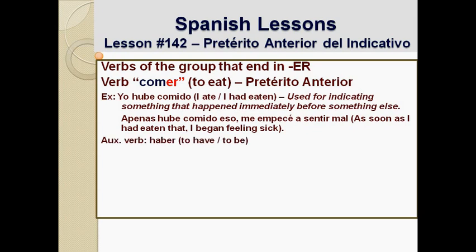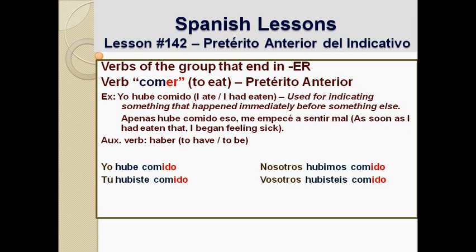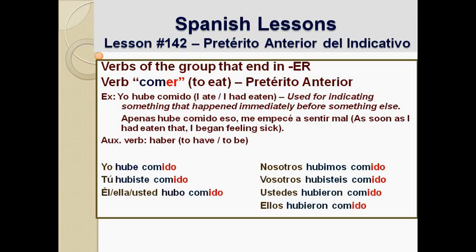We are using the auxiliary verb haber. That means to have or to be. Of course, same as in English, the auxiliary verb is the one that goes conjugated, okay? You can see that here. Yo hube comido.